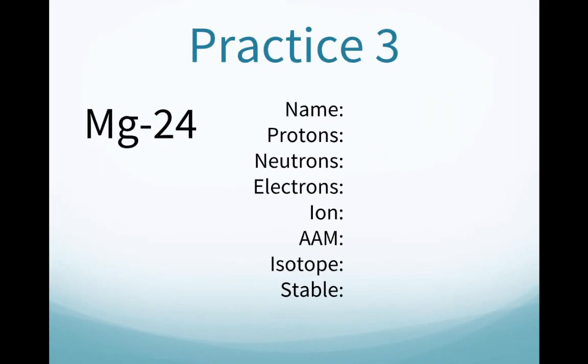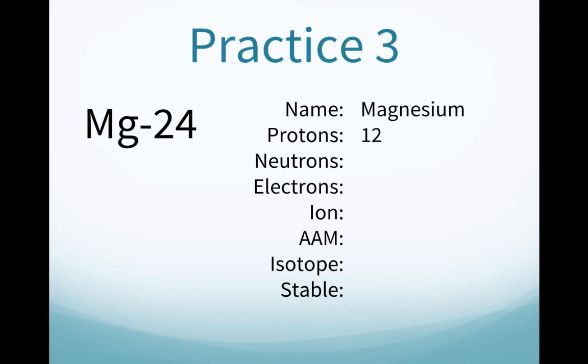Last practice. This is isotope notation. So remember, on isotope notation, you had to use the periodic table with it just to get what Mg's atomic number was. So pause the video, grab your periodic table, and do this one. All right, let's see how you did. This name is magnesium.